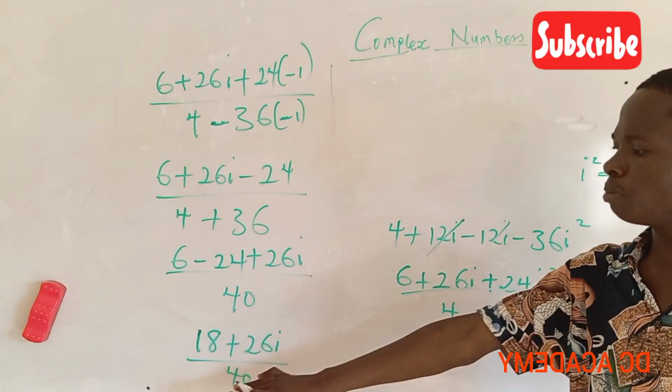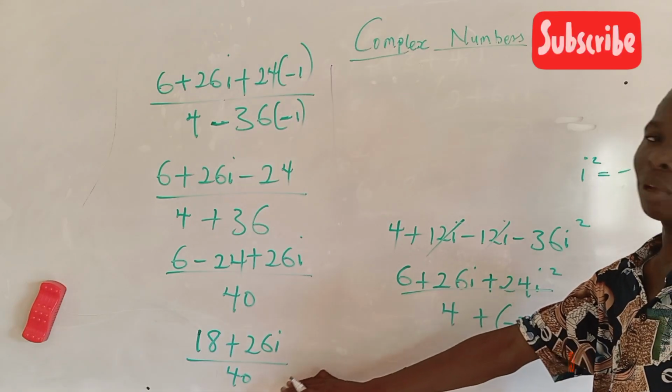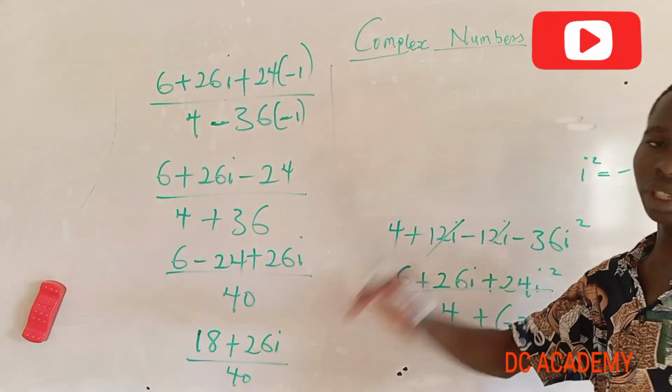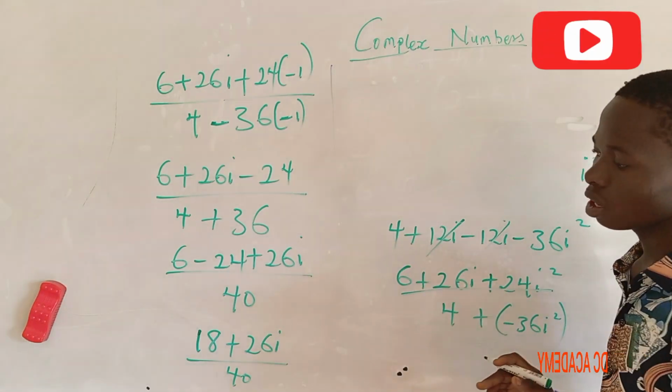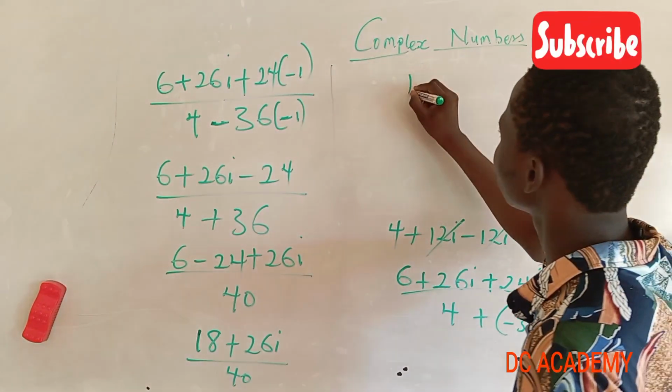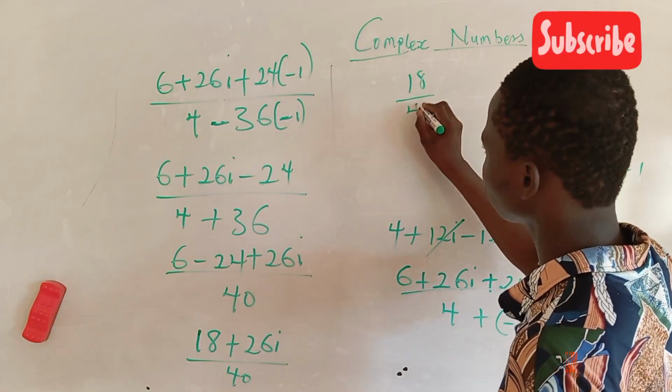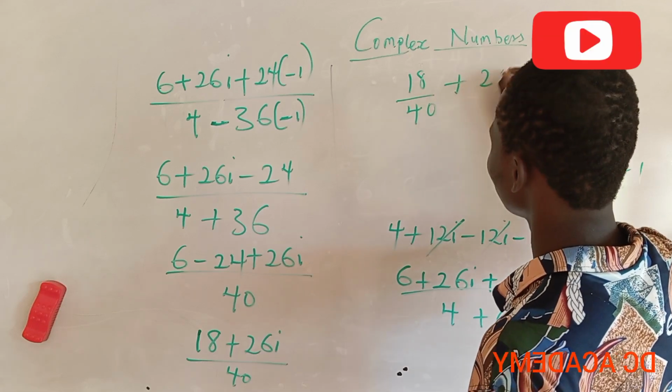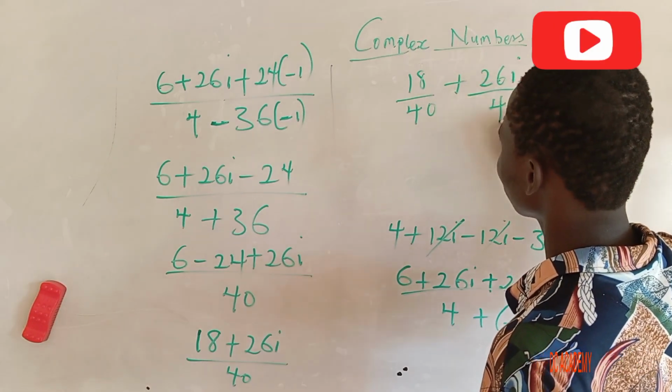Now, 18 plus 26i, all divided by 40. And you can actually turn this into separate fractions, making it 18 divided by 40 plus 26i divided by 40.